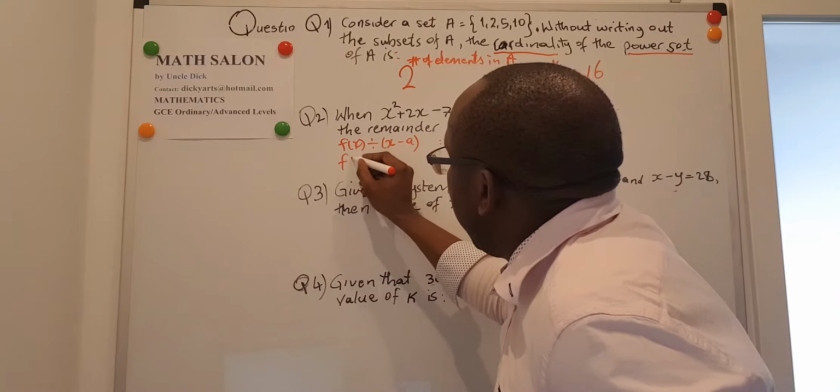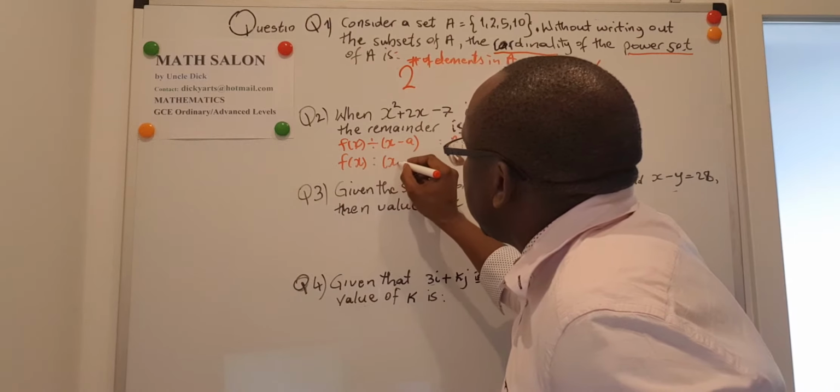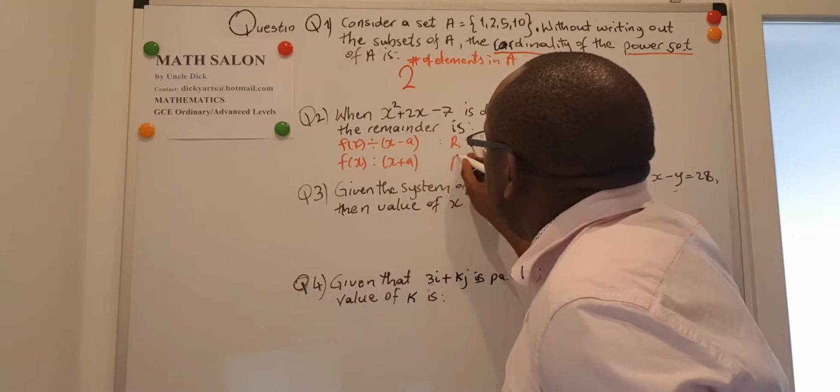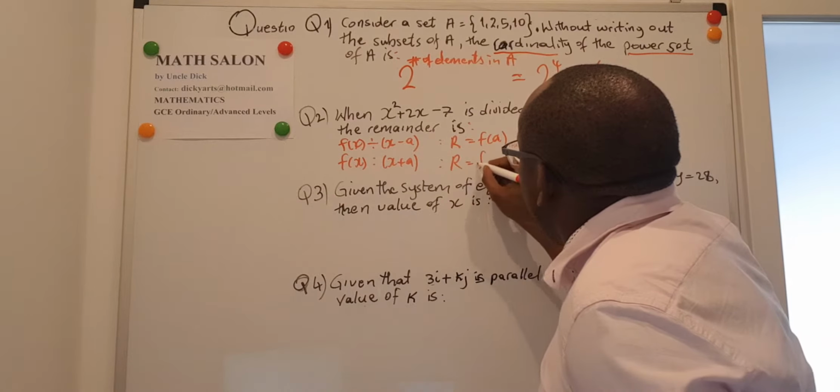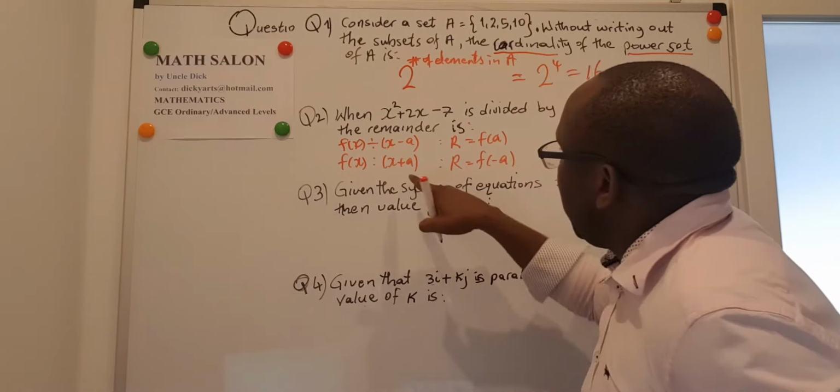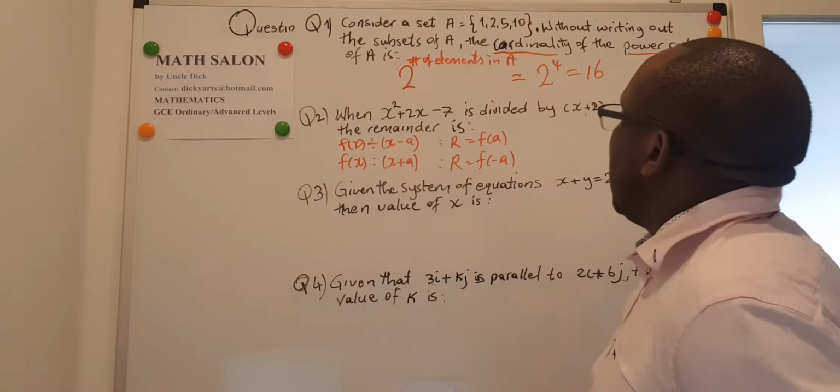That means if f of x is divided by x plus a, then the remainder would be f of minus a, because x needs to be minus a for this to be 0.